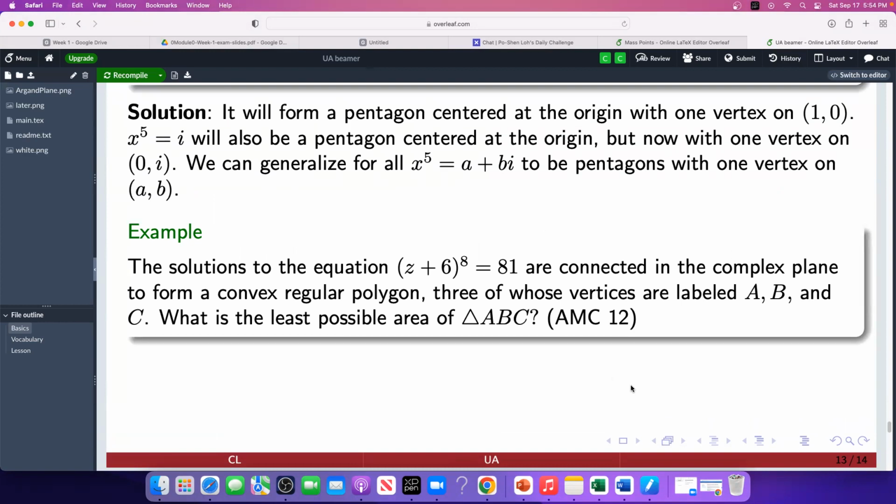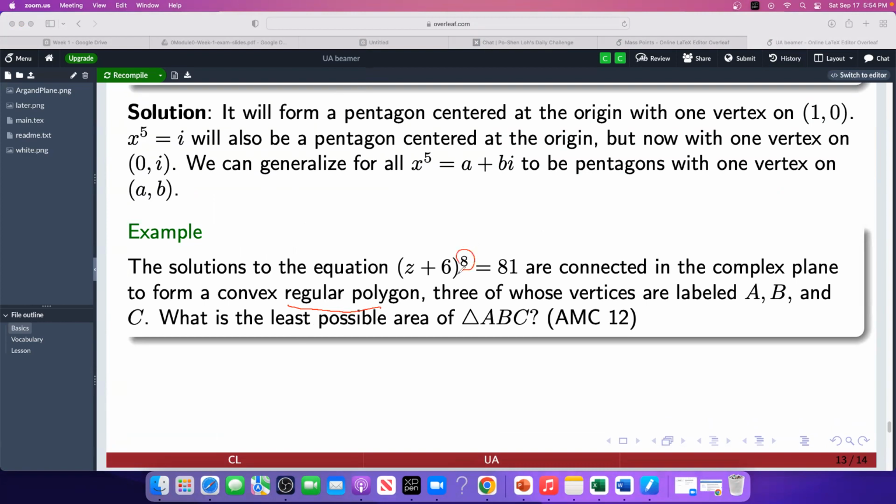Okay, so z plus x to the 8th equals 81. So one of the first things I want you guys to wonder is what regular polygon does it make? You guys know what regular polygon this is?